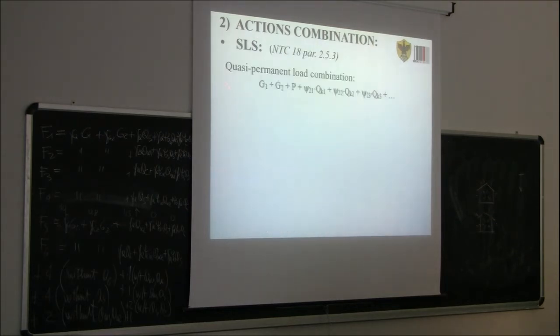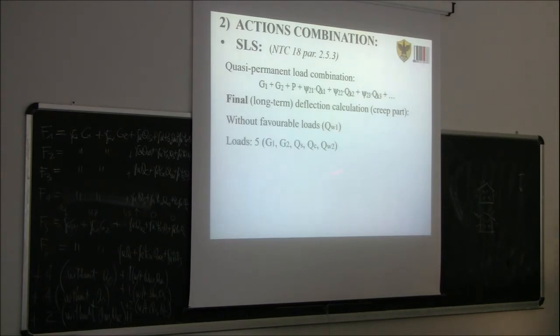Then we need to calculate the quasi-permanent load combination. The quasi-permanent load combination is the one that you can see here. So it's basically the permanent loads plus the quasi-permanent values of the variable actions. And so the long-term deflection calculation can be done by ignoring the favorable loads, so QW1.